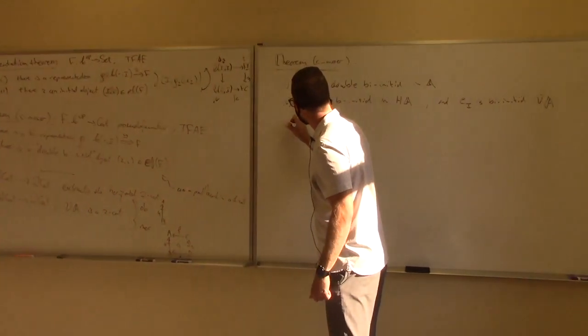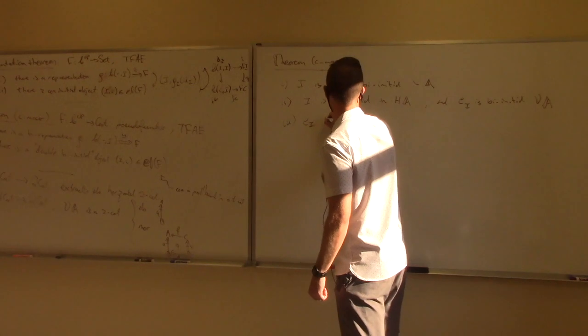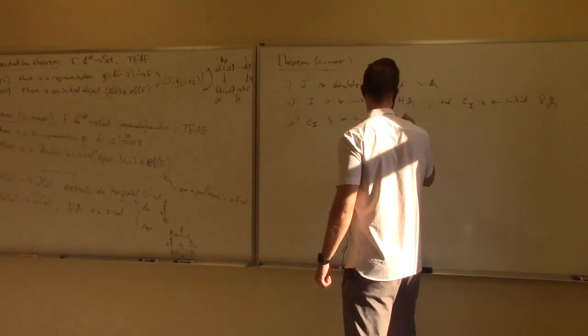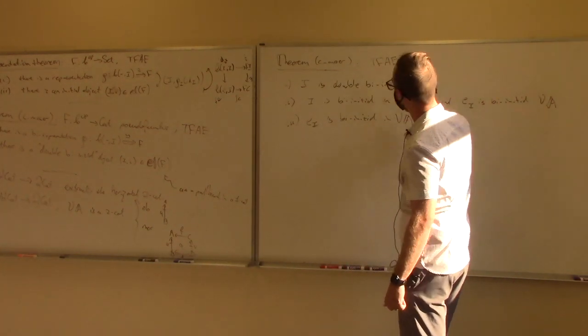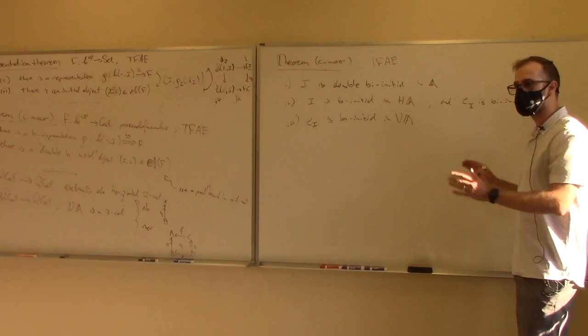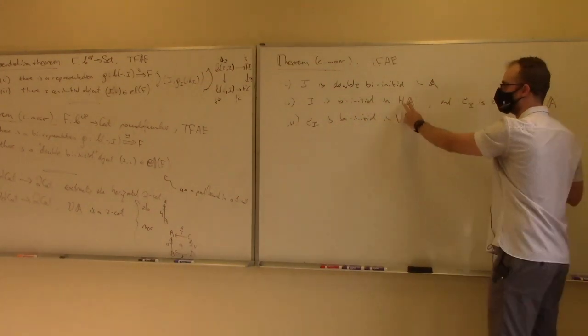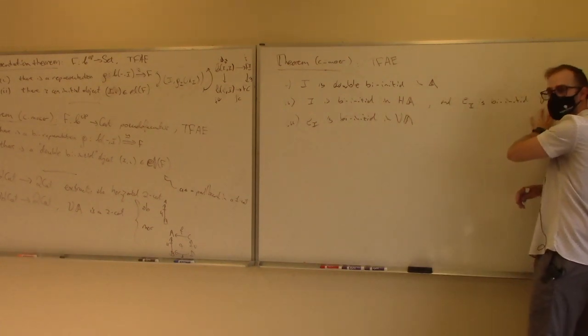But most importantly, this last condition is in fact enough. The TFAE thing? Yeah, sorry, thanks. So it turns out, we can say what double bi-initial is in the world of two categories, if it's bi-initial in this two category and bi-initial in this two category.